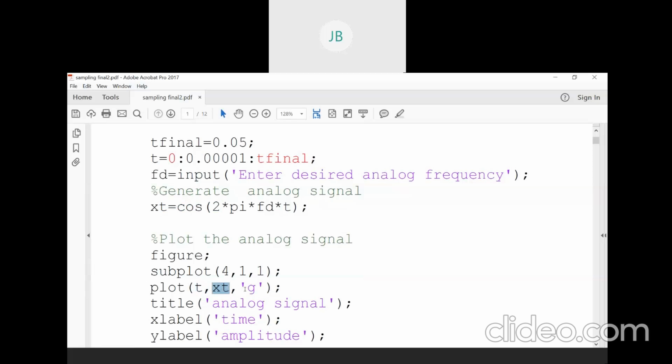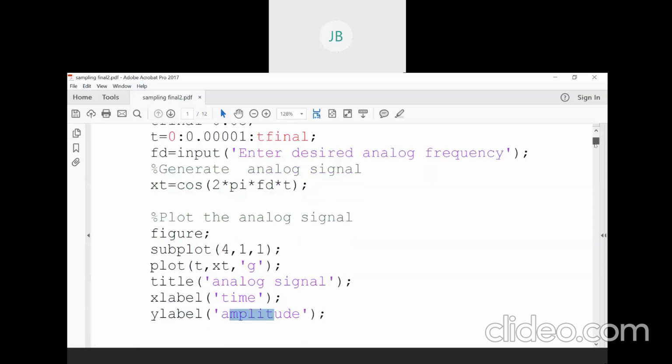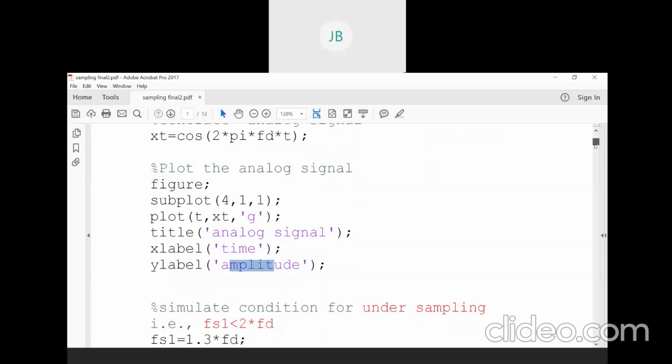And this cosine wave is plotted in green color. G indicates the color of the plot. Then we title it as analog signal, and we name the axes. The x label is time, and the y label, along the y direction, is amplitude, that is x of t. So this is how we draw the analog signal.